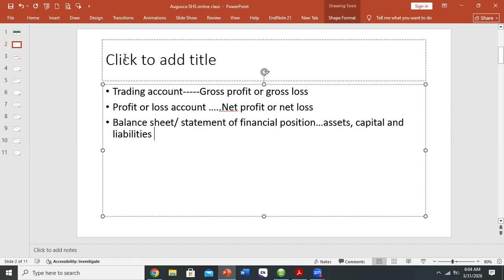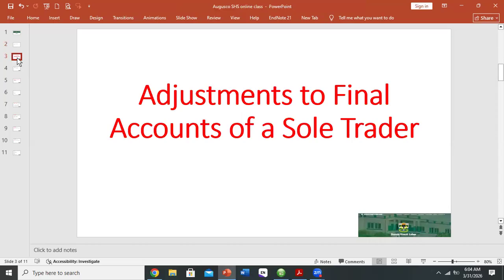So these were a few things we discussed. We saw the format for preparing each of them, and we saw illustrations for which even a question was given during your mid-semester exams. So we are looking at adjustment to these final accounts.